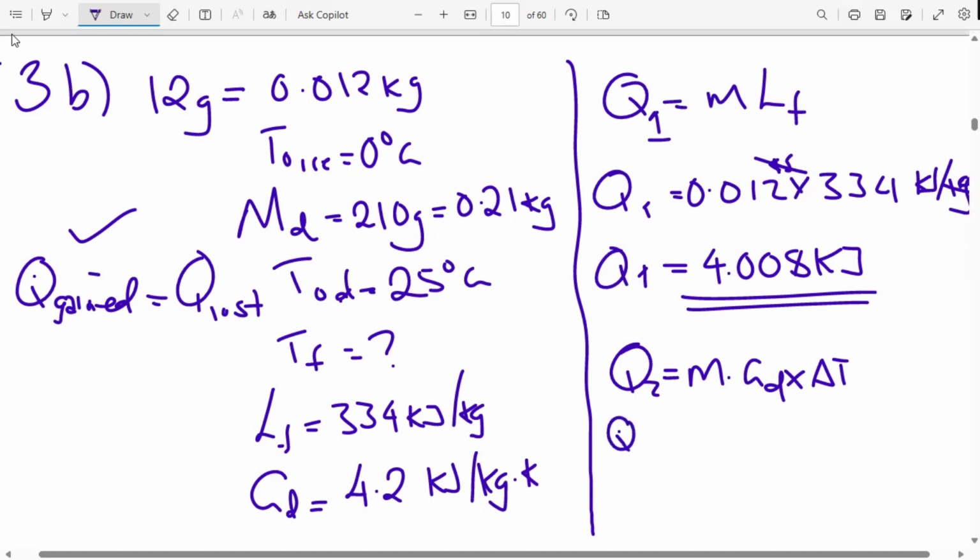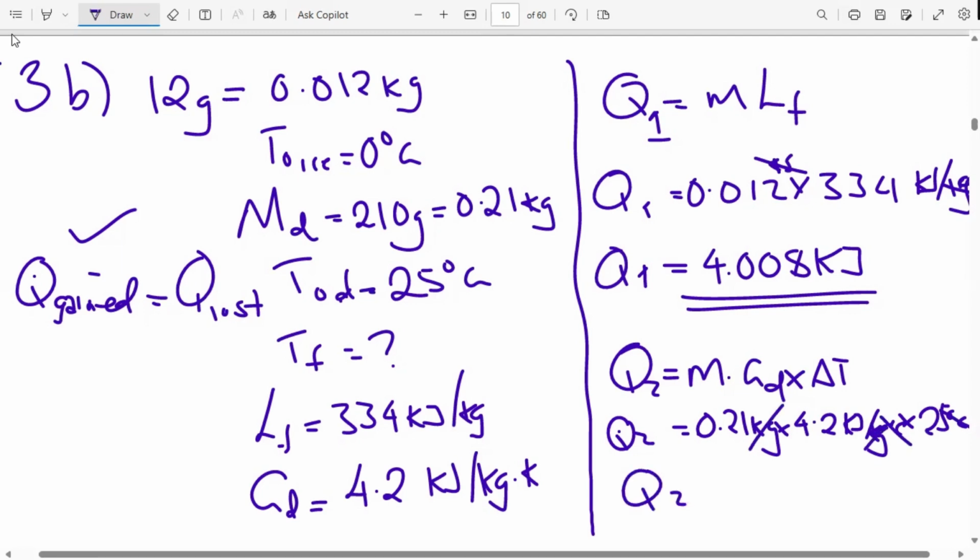So my Q2 will be equal to the mass of my drink, which is 0.21 kilograms, multiplied by the specific heat capacity, which is 4.2 kilojoules per kg degrees Celsius, multiplied by the change in temperature. The change in temperature is 25 minus 0, so I'll just say 25 degrees Celsius. The degree Celsius and the degree Celsius here will cancel out, and the kg and the kg will cancel out.